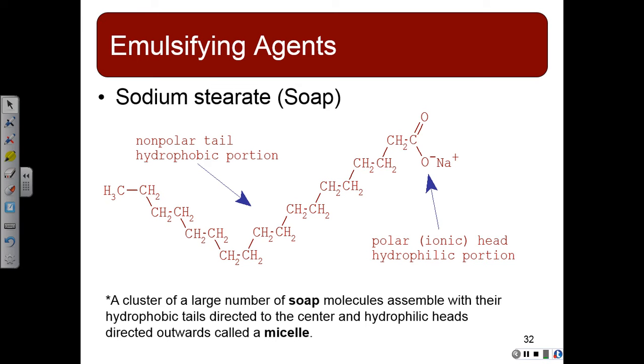Think of it as like a snake. All of this tail, what is it made of? Carbon and hydrogen, which is non-polar, right? We've already stated that. Over here we have a full positive and full negative charge.